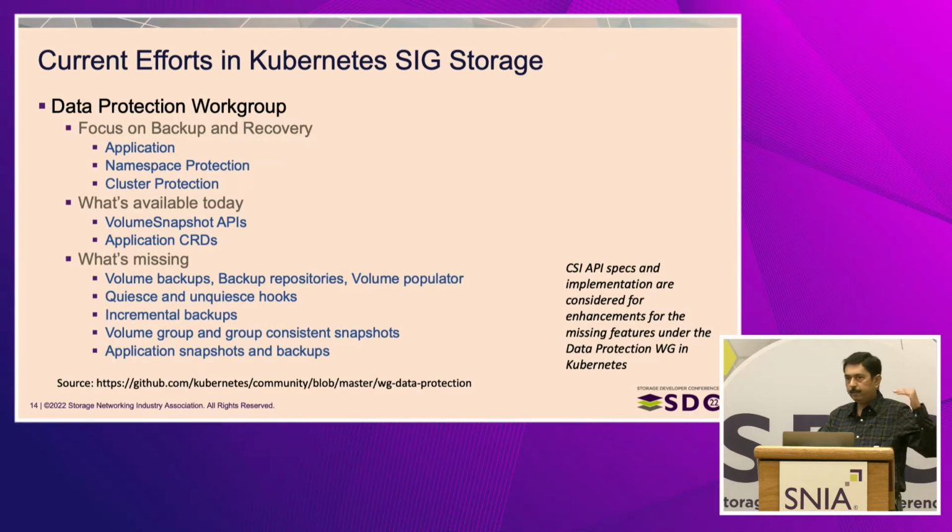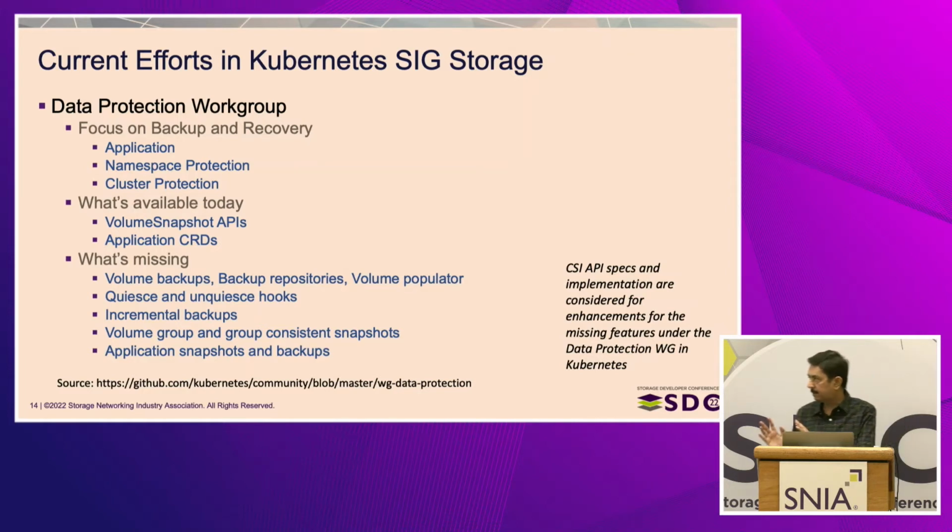They want to do application level backup, meaning that for an application deployed in Kubernetes, you can back up the whole application, which includes the application metadata, meaning application configuration, application containers, all that, and application data, right?